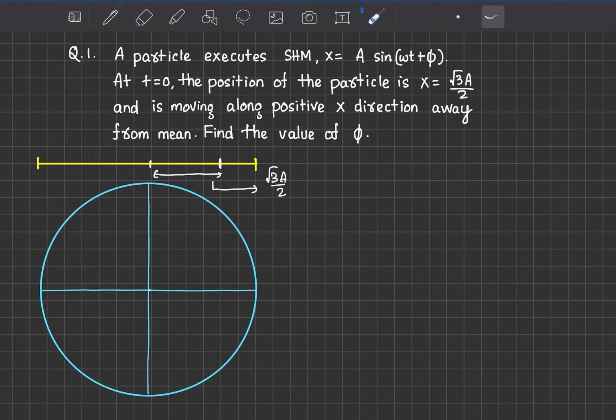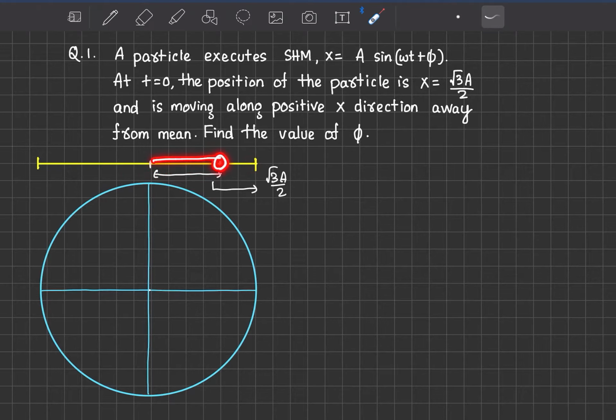Now if we consider our shadow method, like light rays are coming in this direction and a point is moving in a circle, the shadow is performing SHM, right? So according to our assumption, at t equals 0 the shadow is here.